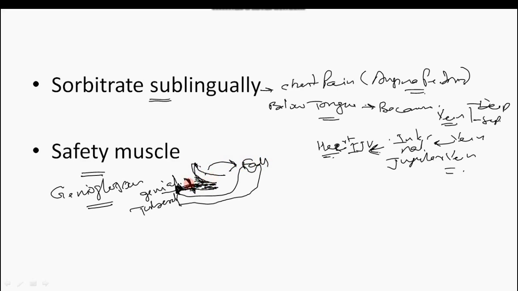So if we cut this genioglossus, the tongue will fall into the pharynx and cause obstruction in breathing, finally leading to respiratory arrest.